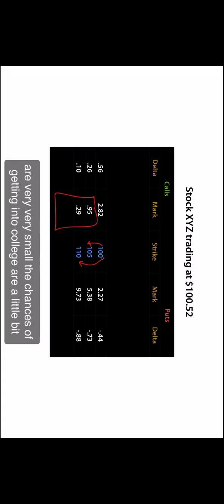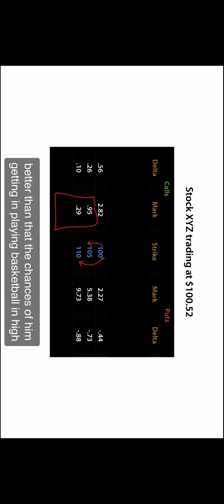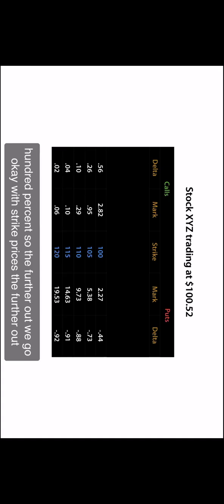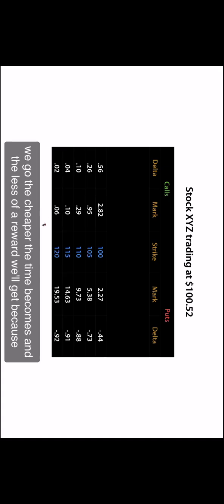The chances of my son getting to the NBA in 7 years are very, very small. The chances of him getting into college are a little bit better. The chances of him playing basketball in high school are really good, actually. And the chances of him being on my team are 100%. So the further out we go with strike prices, the cheaper the time becomes.